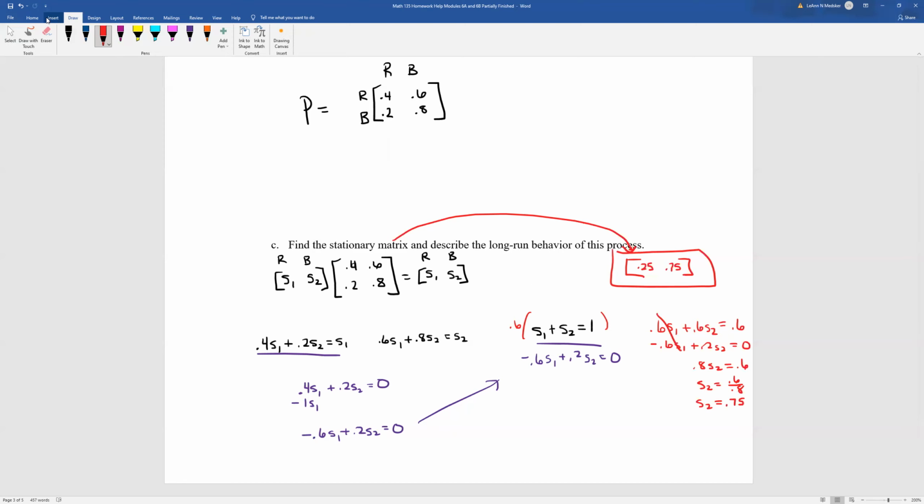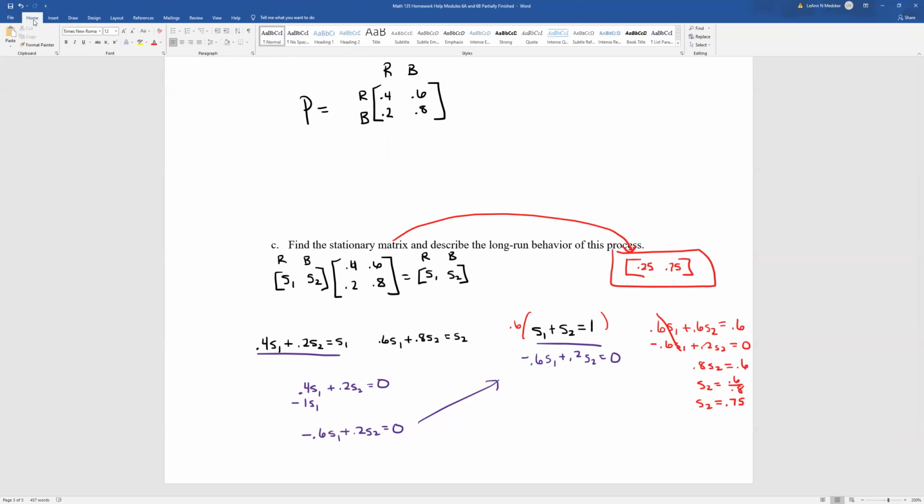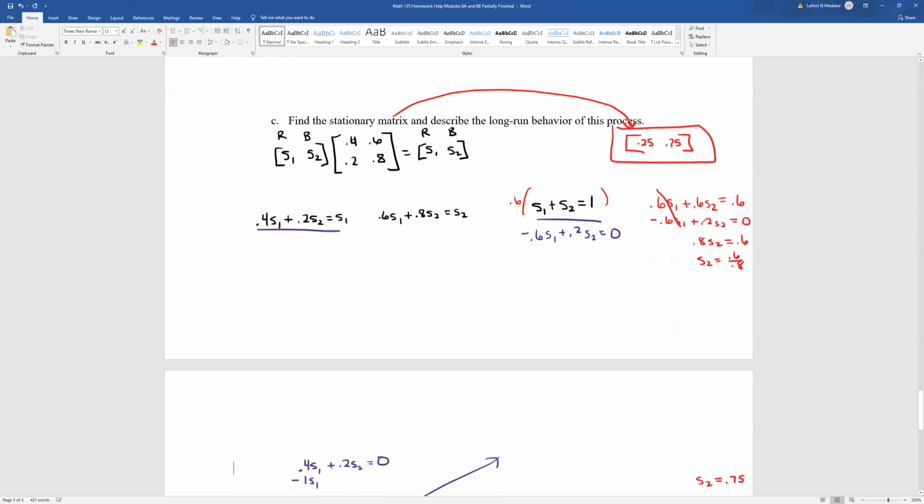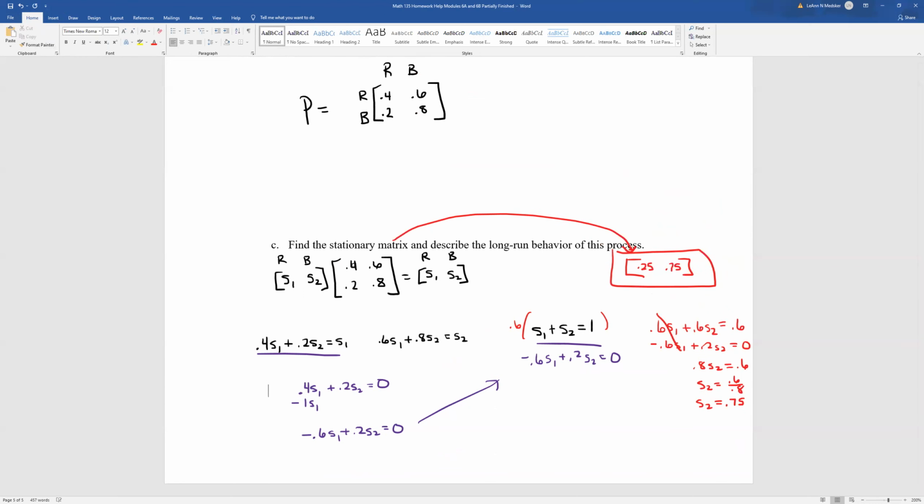Now, there's one more piece to this, and I'm going to type it instead of trying to write it out. Okay, so we want to talk about what this means.